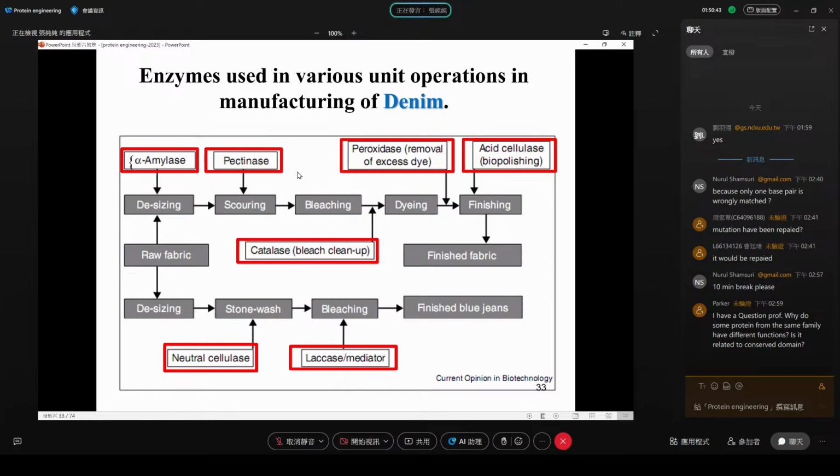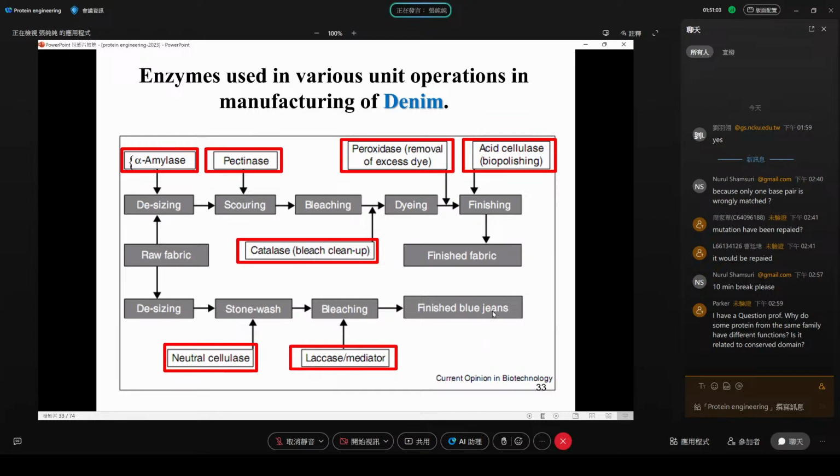Actually, they use a lot of enzyme to remove excess dye, to make it more plastic, more elastic, more fit into your body. So it will really need a lot of enzyme to work on one simple pair of denim jeans.